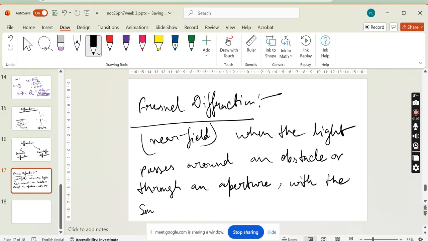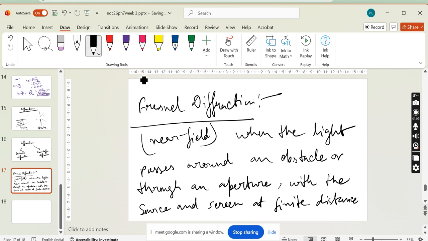So source and screen at finite distance. What is the difference between finite distance and not finite distance? How can we place the source and screen at a very large distance?